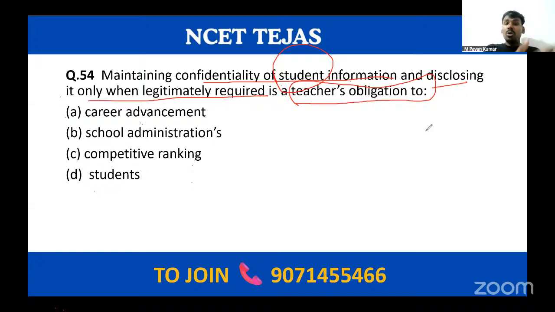You can only disclose it when it is legitimately required. So this information that the teacher has, who is the teacher obligated to? Is it school administration? Is it students? Or is it the teacher's career advancement or competitive ranking?